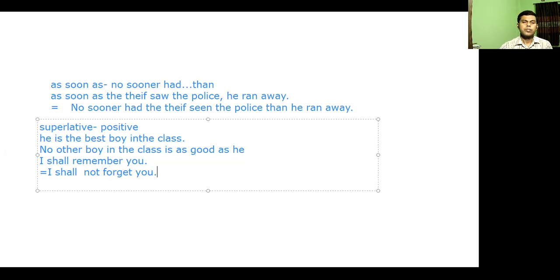That is an important notice for you that you cannot sense the meaning of a given sentence. You can only sense the form of a given sentence.